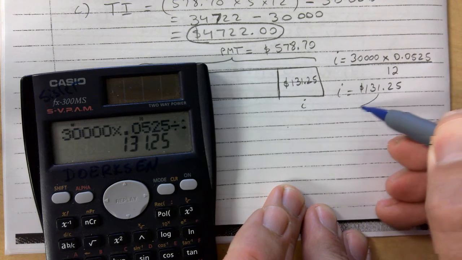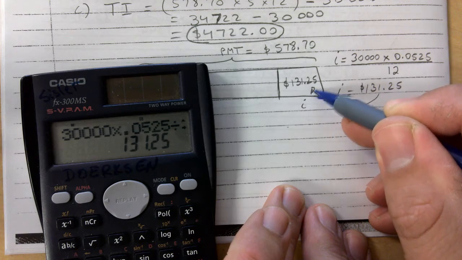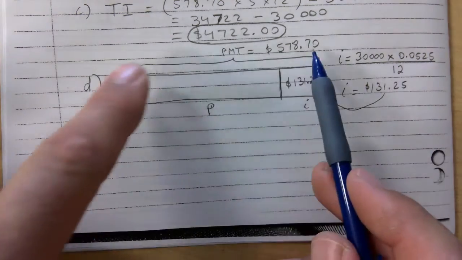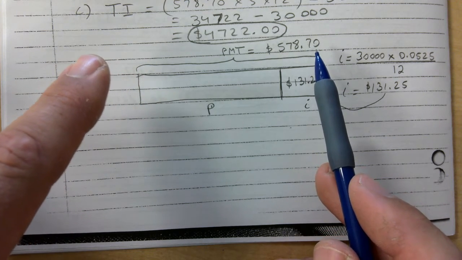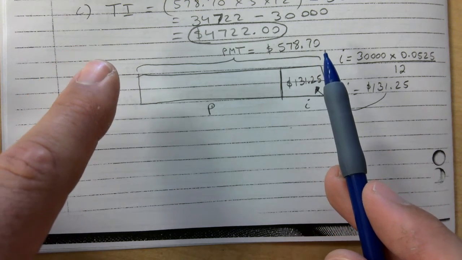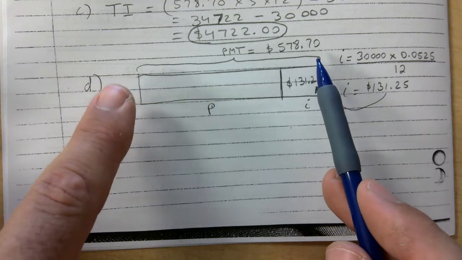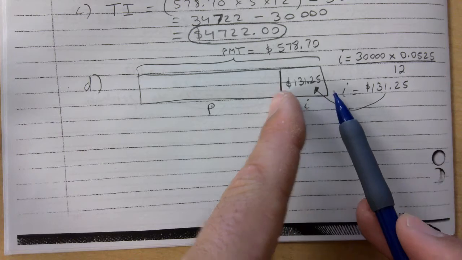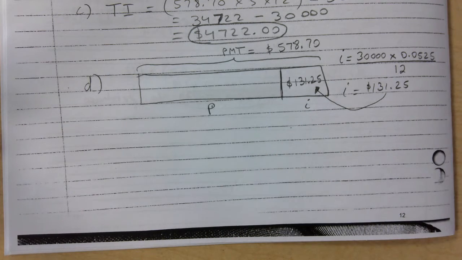Once you find that, you're saying that out of this payment of $578, which you're going to work hard for, at first you're not going to make a whole lot of money. Out of that payment, this chunk, the bank takes. It's like, thank you very much, right?